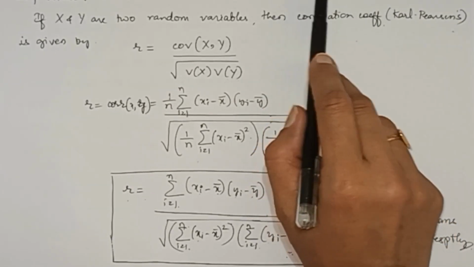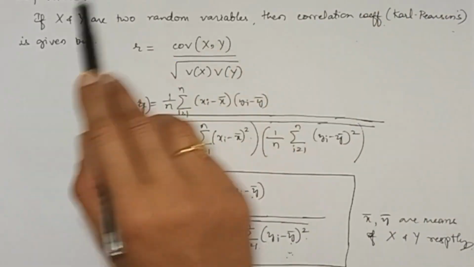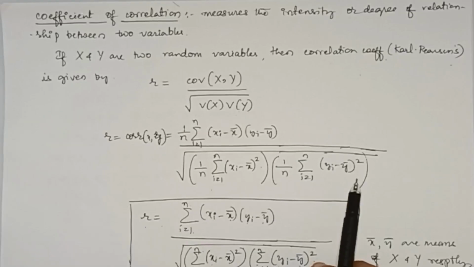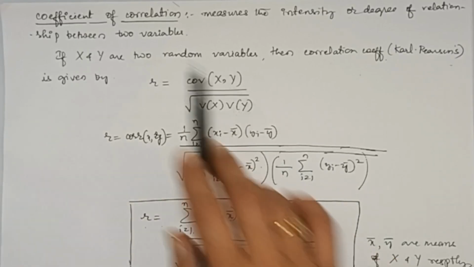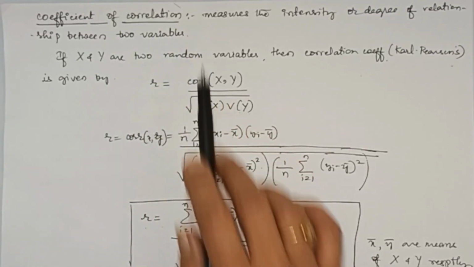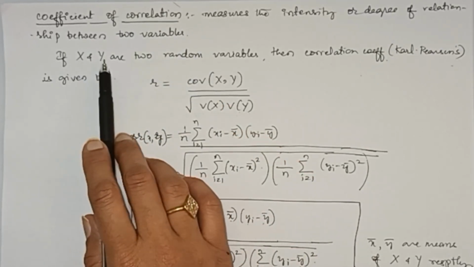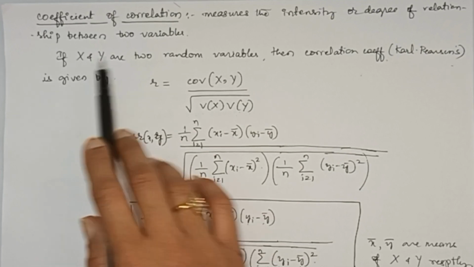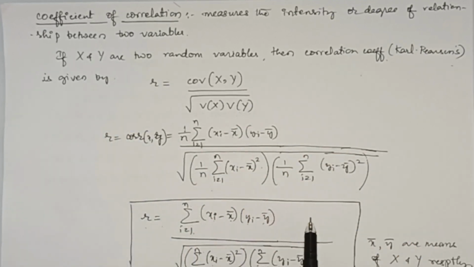This measures the intensity of relationship between the two variables. And this is the simple correlation coefficient because we just have two variables x and y, and we are measuring the linear relationship between them.